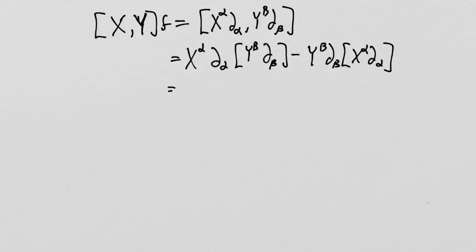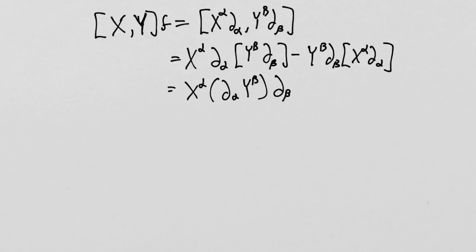And then we're going to use the chain rule. We'll get x alpha, and then the derivative with respect to x alpha of the function y beta, because this is where it being a function of the space-time matters. So that would be partial alpha of y beta, and you're left over with a partial beta.